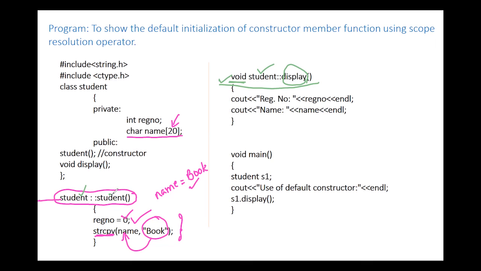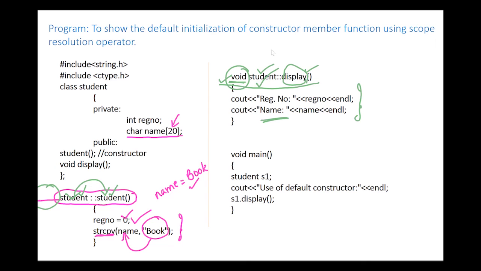When it comes to a constructor, since they are the same, you can't differentiate much, but once you understand the concept clearly, it is easy to see that there is no return type which needs to be mentioned here, and the class name is just similar to the name of the function. But when it comes to other member functions, we have to have a return type, a class name, and then we mention the function name. Inside this, we are printing the register number and the name. I hope this much is clear.